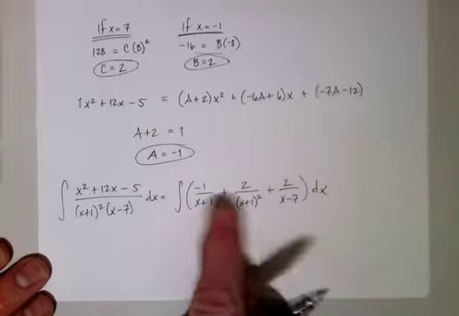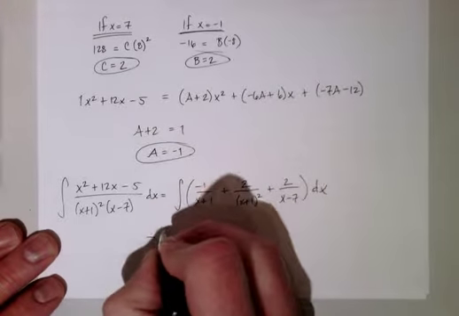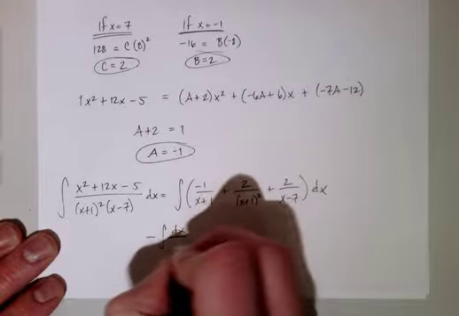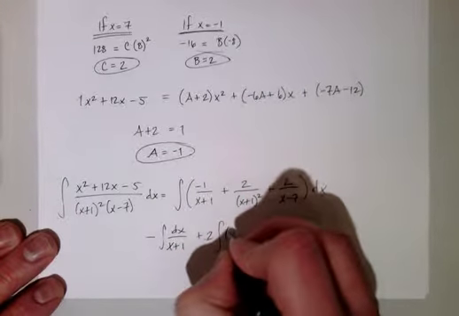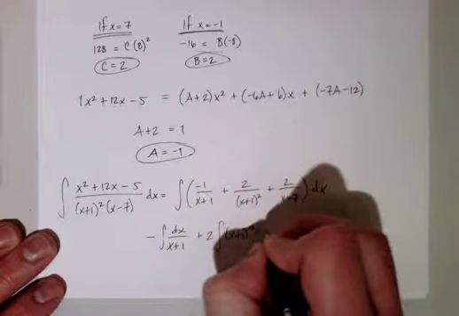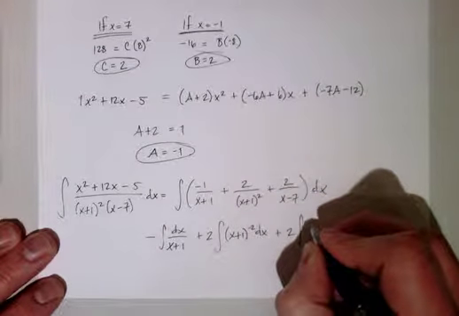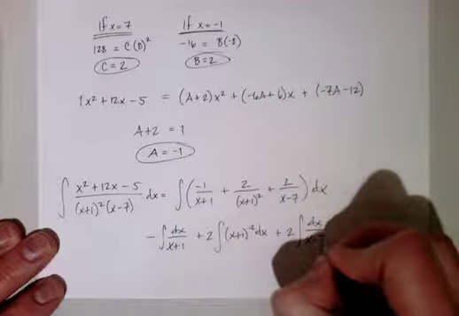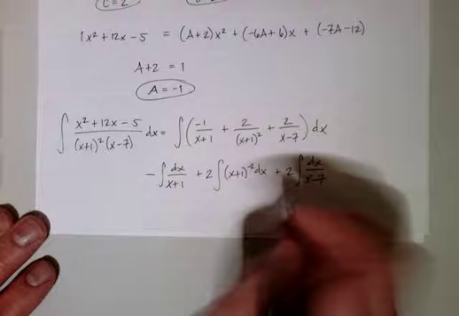Natural log, power rule, natural log, right? Because this winds up being negative the integral of dx over x plus 1, plus 2 times the integral of (x plus 1) to the negative 2 dx, plus 2 times the integral of dx over x minus 7. Okay? And of course, you can do this on your own.